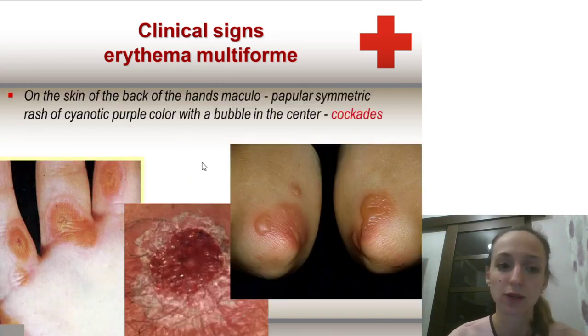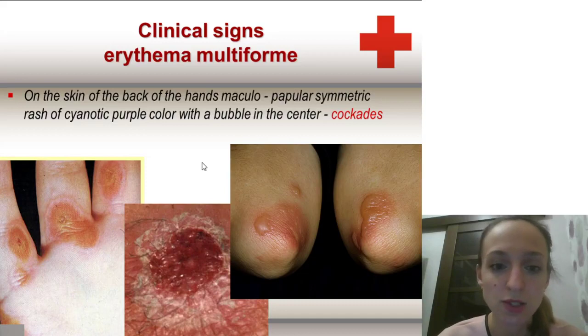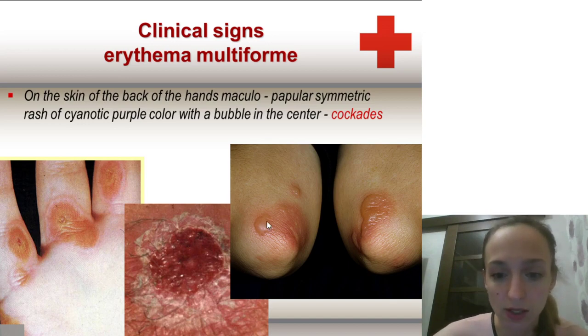Clinical signs on the skin of the back of the hands: macula, papilla, symmetric rash of cyanotic purple color with a bubble in the center. It is cockades.